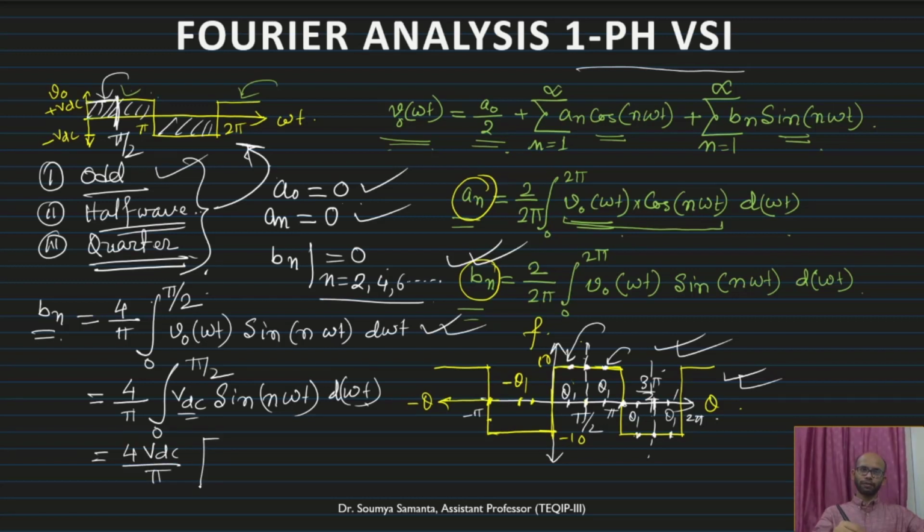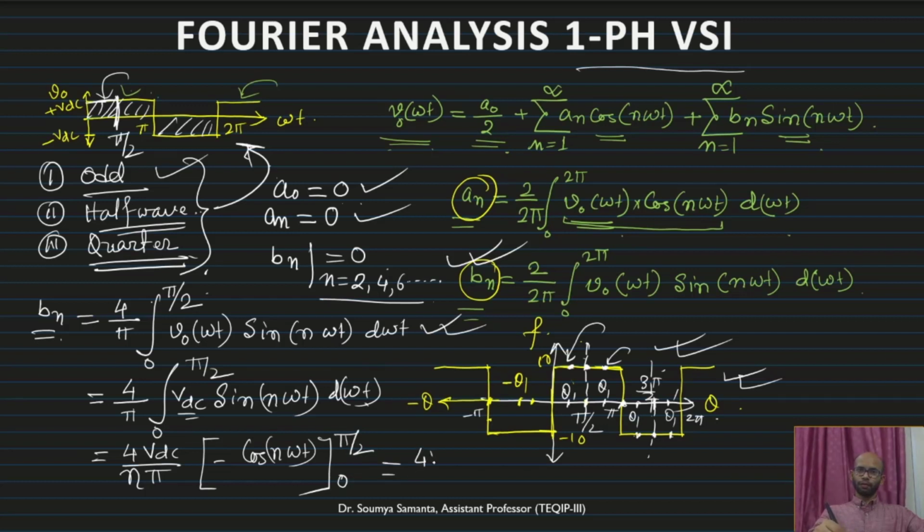what will be the integration of sine? We will get minus of cosine n omega t by n. Now let me take this n also out here. Now we are going to get this, and this integration is 0 to pi by 2.